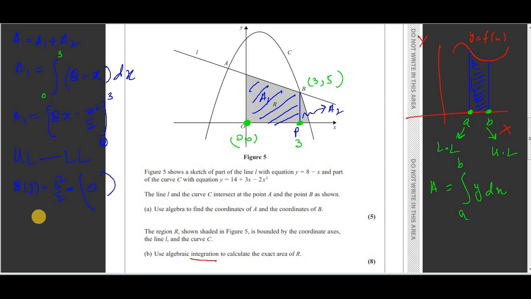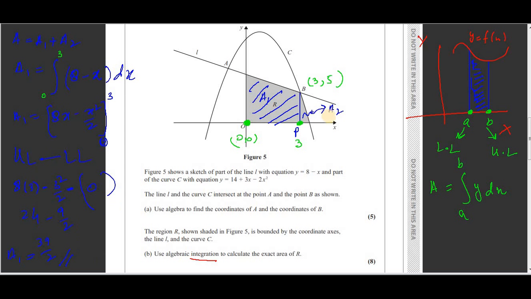So you have 8 times 3 is 24 minus 9 by 2, and if you simplify, your answer would be equal to 39 by 2. This is your A1. So A1 is 39 by 2.